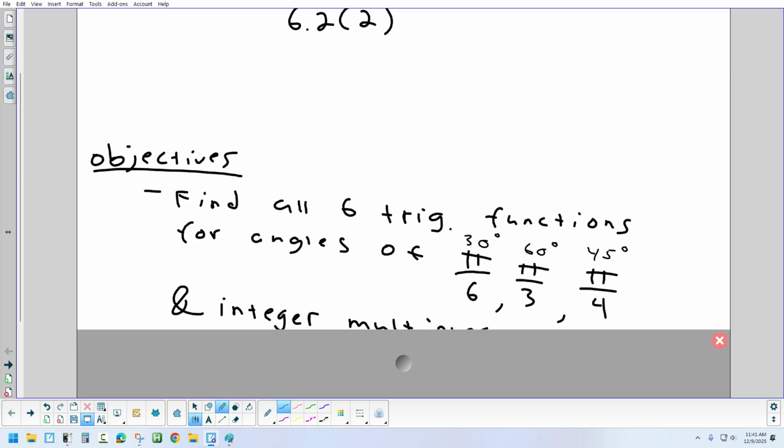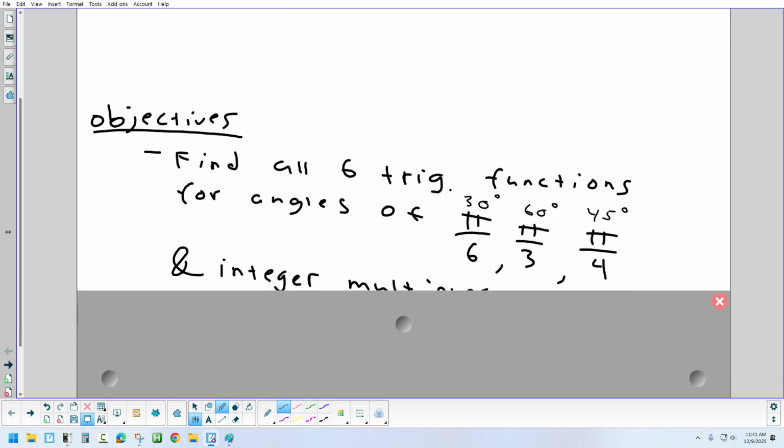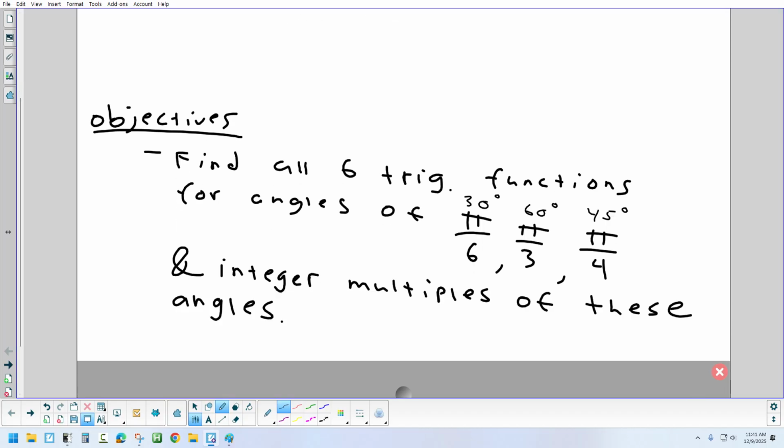If we can get comfortable working with the 30, the 45, and the 60, then working with any multiples of 30, 45, and 60 is extremely easy. So it might seem like there's a lot to have to memorize, but the quadrantal angles are easy. They're all 1s, 0s, and -1s.